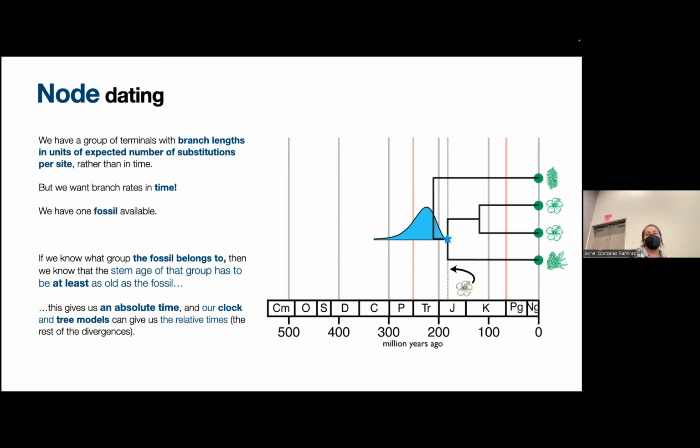And in practical terms, what we do is that we set up distributions, right? Because of course, the fact that I have the fossil there in the Jurassic doesn't mean that the Jurassic is the time where that lineage appeared.